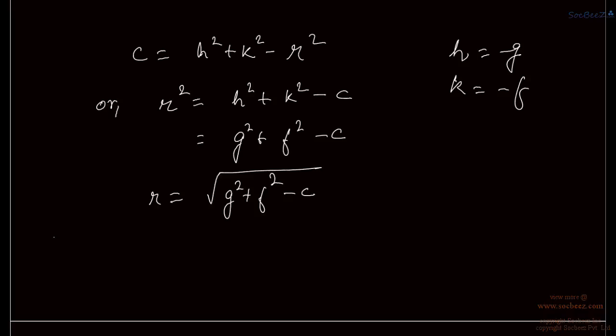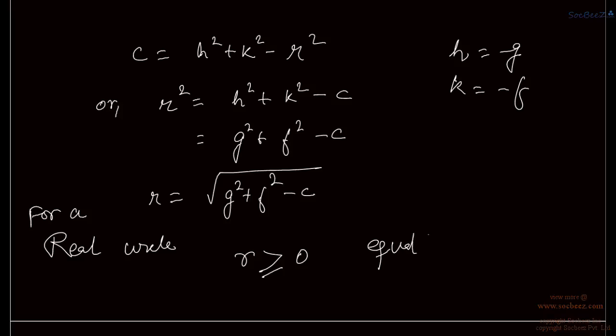So for a real circle, the radius must be greater than 0. If it is equal to 0, then the circle is point circle. Equal to 0 means the circle is point circle.